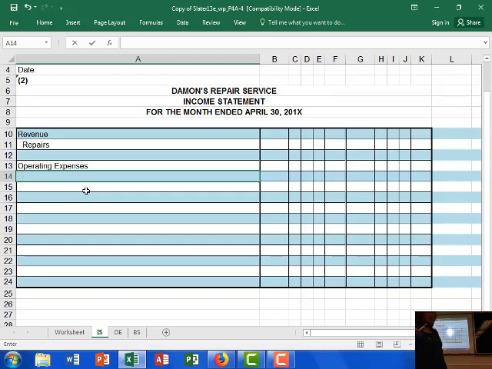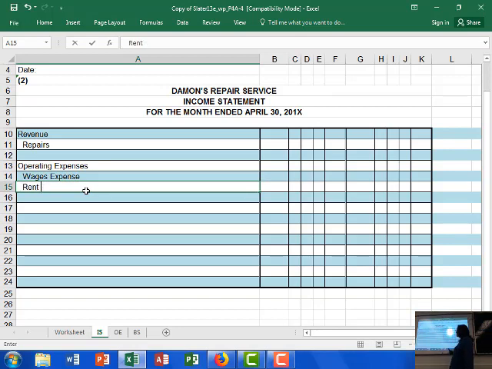Wages, rent, advertising, insurance, repair supplies expense, and remember, you also have the depreciation expense as well. That is considered an expense because you're taking the value away from that historical equipment that you're using. So we're just setting it up.